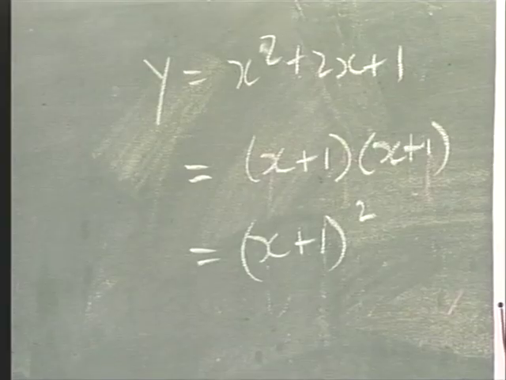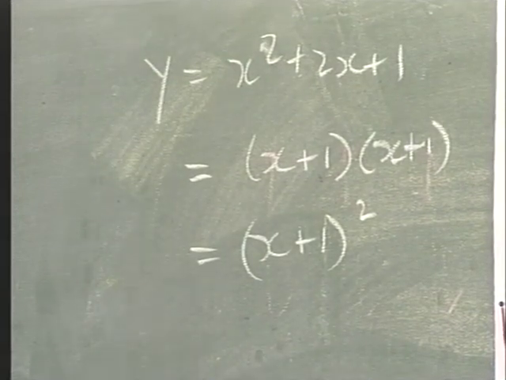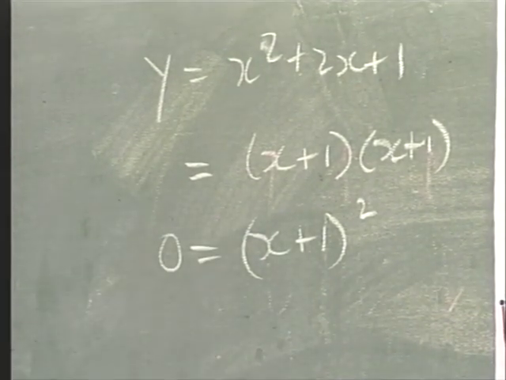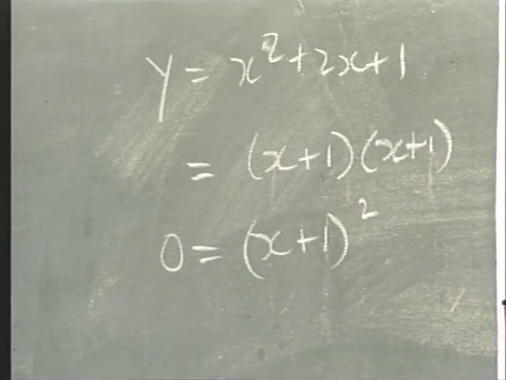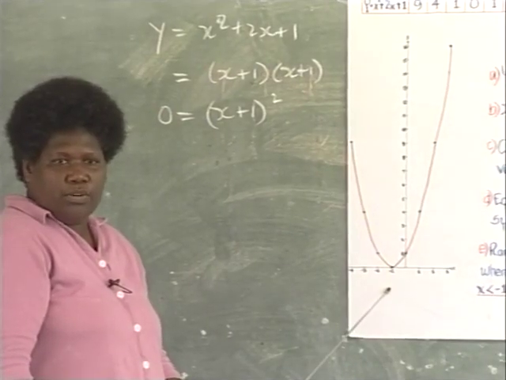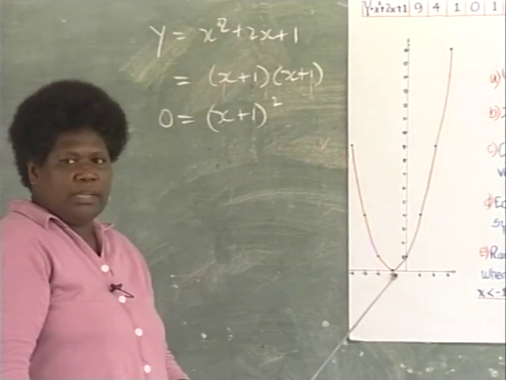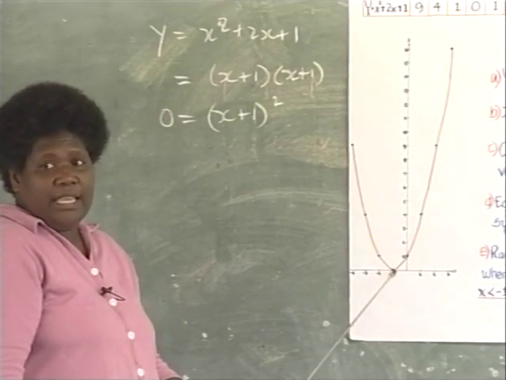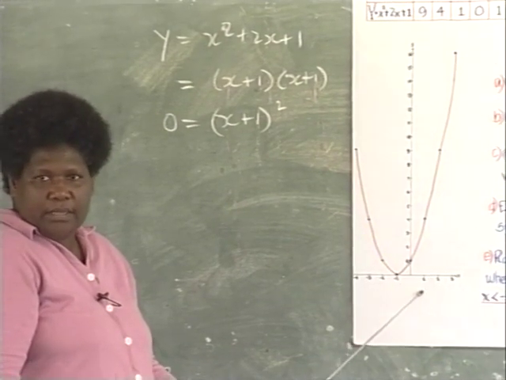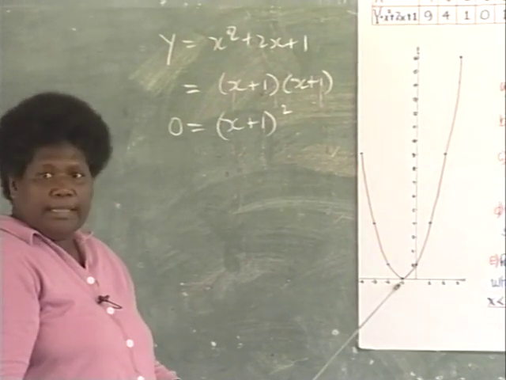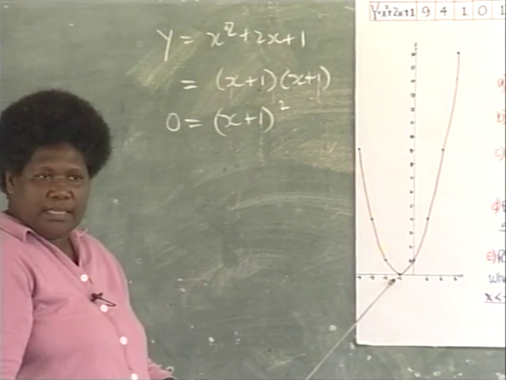If I make this equal to 0, that point is actually this point where y is equal to 0, because remember when we looked at straight lines, y equals 0 at the x-intercept. The same applies to all the graphs. y is equal to 0 at the point where the graph cuts the x-axis.